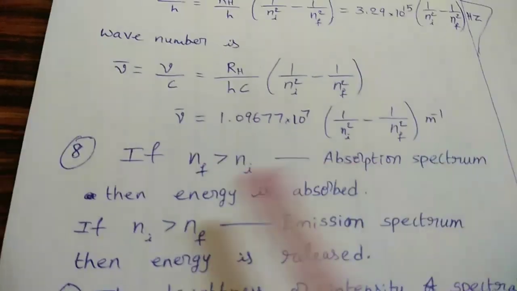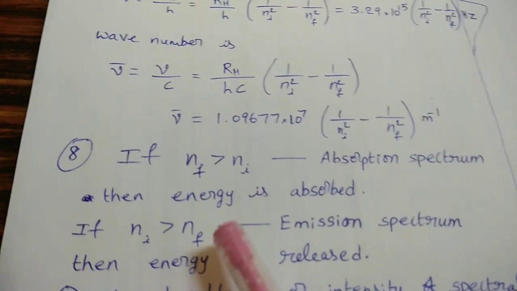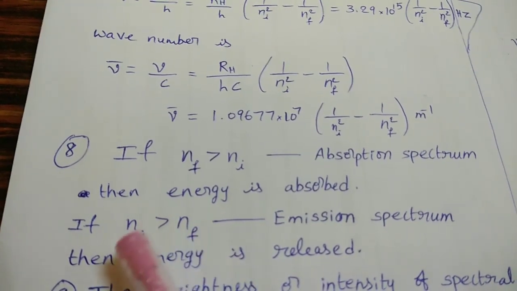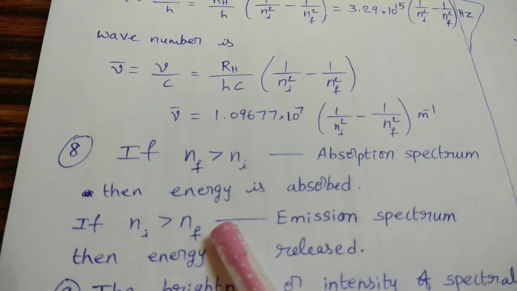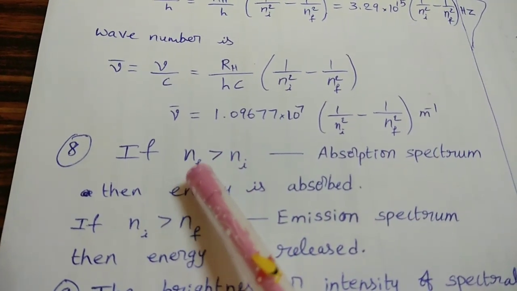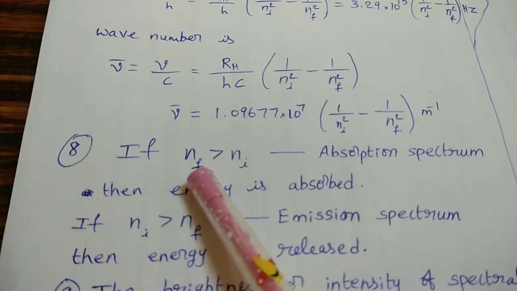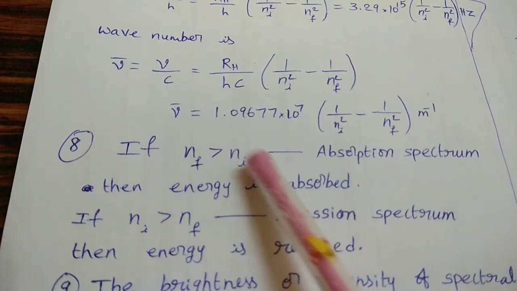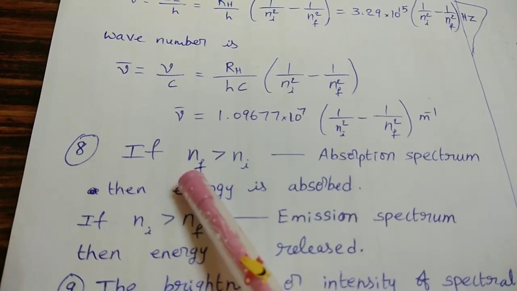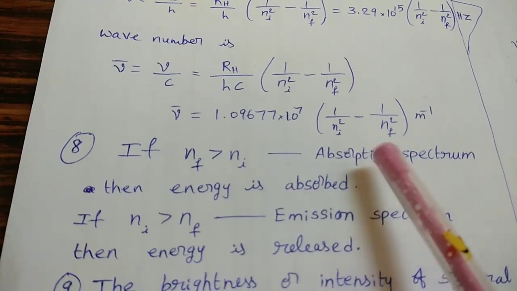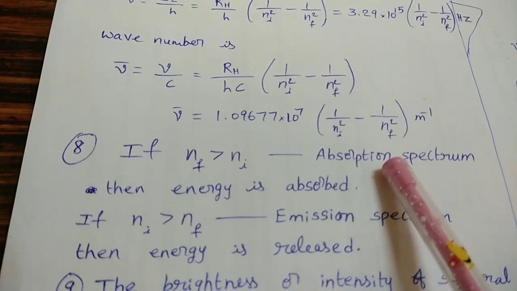For example, n_i value 6, n_f value 2: sixth orbit to second orbit electron transition takes place, then energy is released. That means emission spectrum is observed. Here, this is fifth orbit, this is first orbit. First orbit to fifth orbit electron transition takes place, then energy absorption takes place. So we can get absorption spectrum.